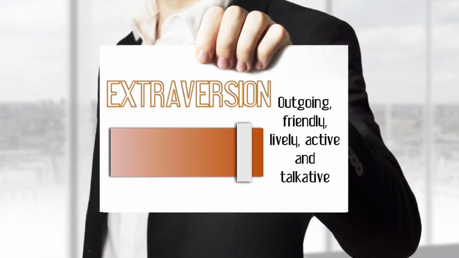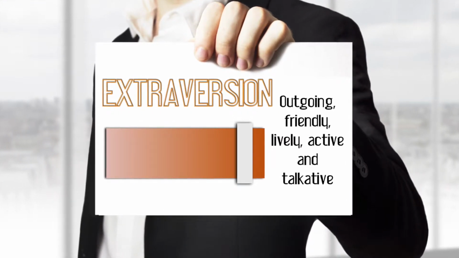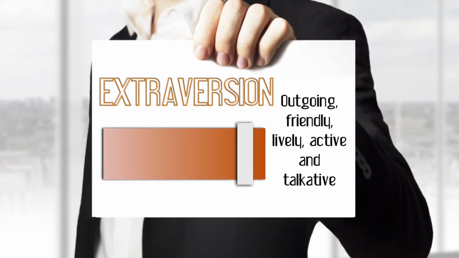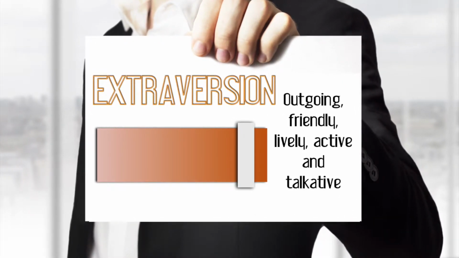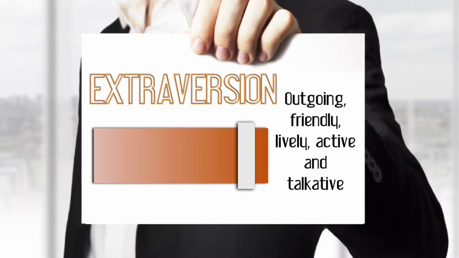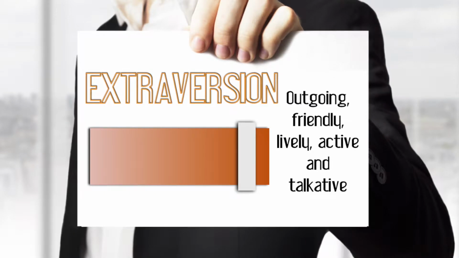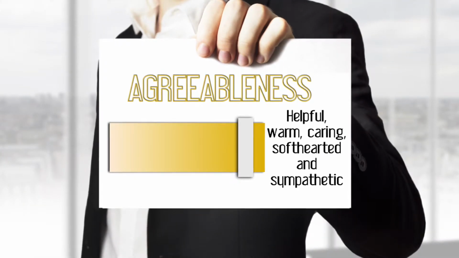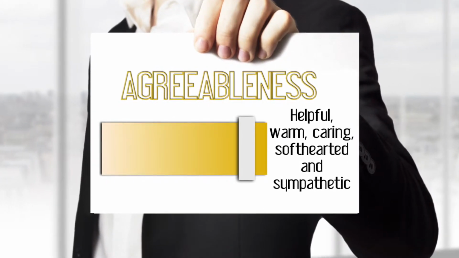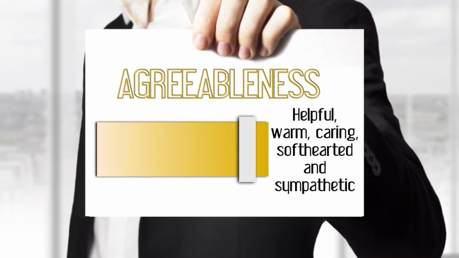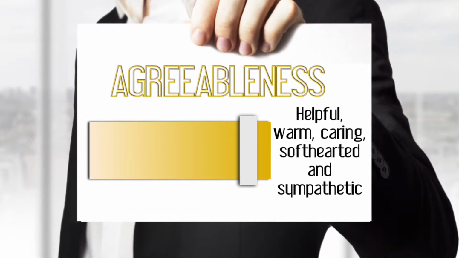Then there's the extroversion scale. Those who are high on this scale draw their energy from being around others, so they tend to be more sociable, not to be confused with outgoing, but sometimes they're tied together. They're friendly, lively, active, and talkative. Those who score high on agreeableness are often trusting, helpful, warm, caring, soft-hearted, sympathetic, and very compassionate.